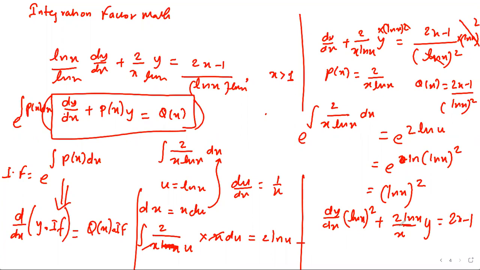So far we got till here, and if you notice this very clearly, this is nothing but the derivative of y times ln x the whole square. Blindly you can write it down equals 2x minus 1.